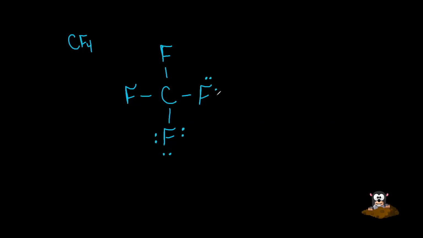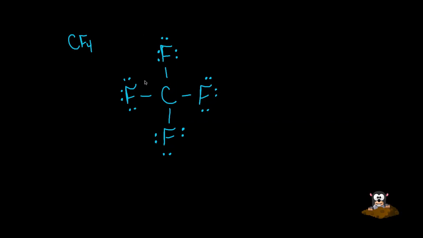Let's do another example. Here we have carbon tetrafluoride. Let's go ahead and draw that out. After you draw it out, you can go ahead and also draw the dipoles.